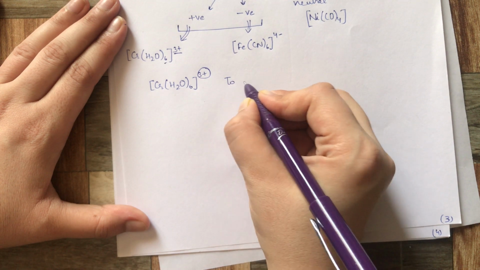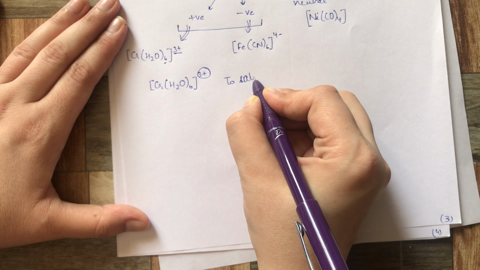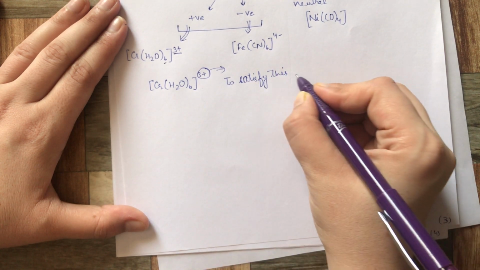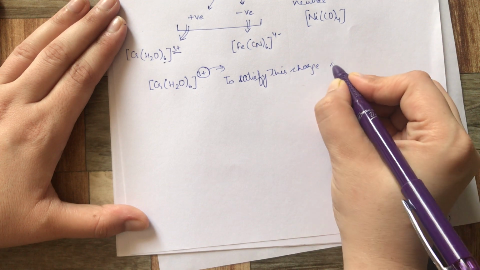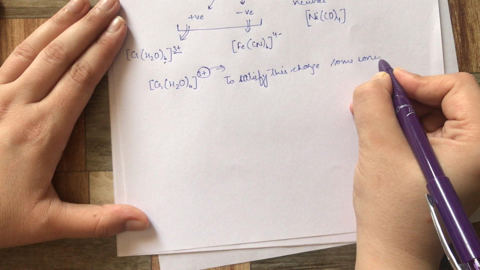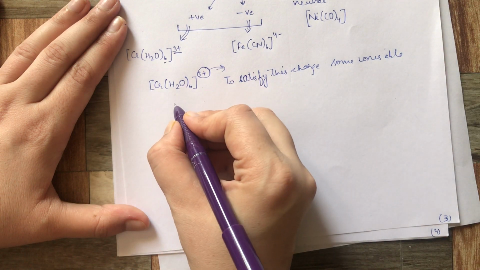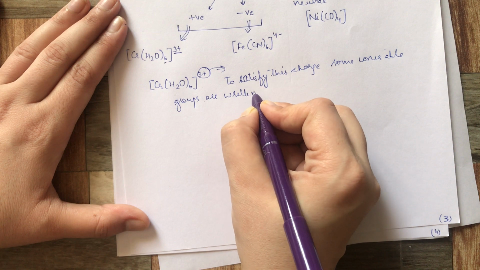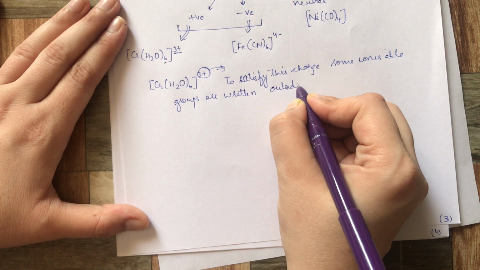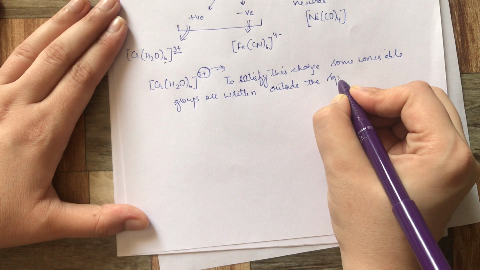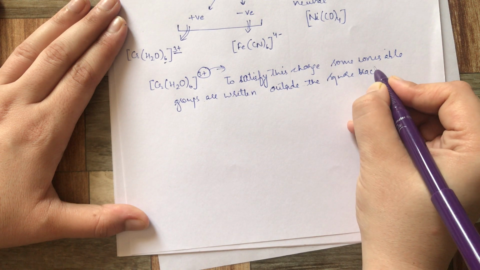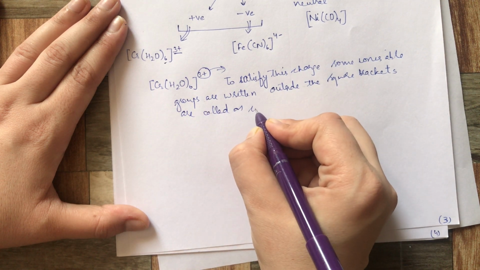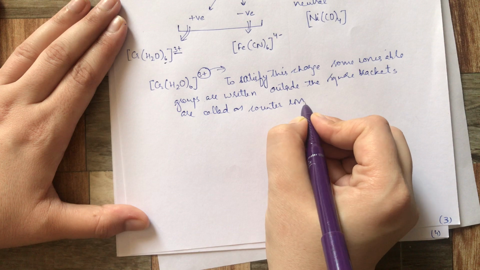To satisfy this 3+ charge, some ionizable groups are written outside the square brackets and are called counter ions, right?